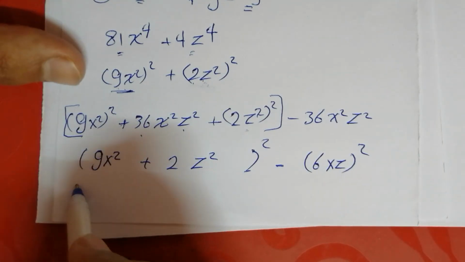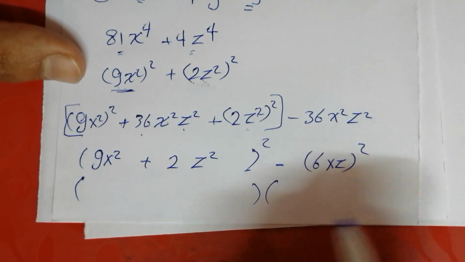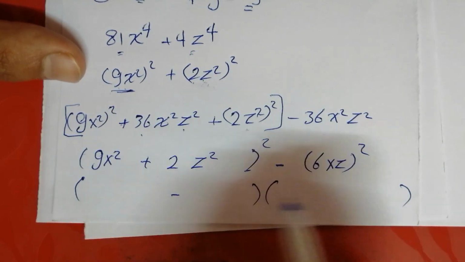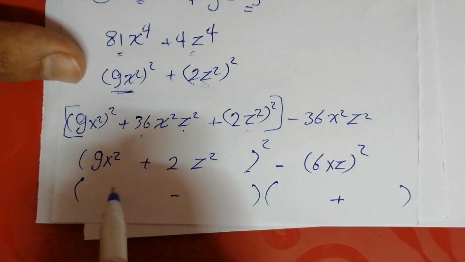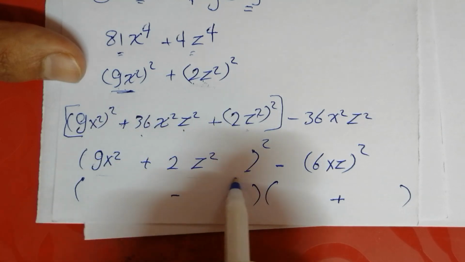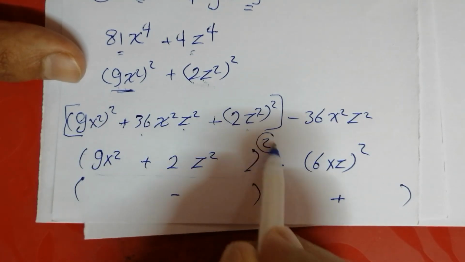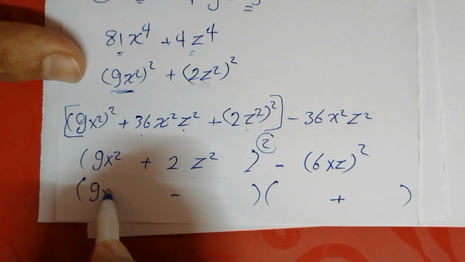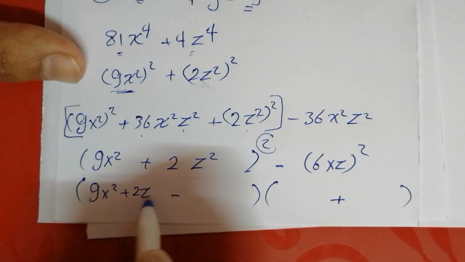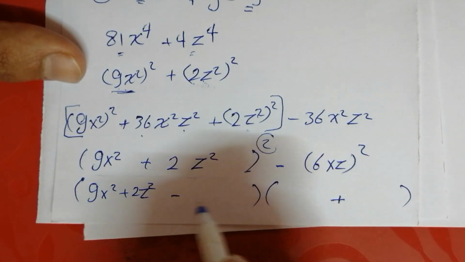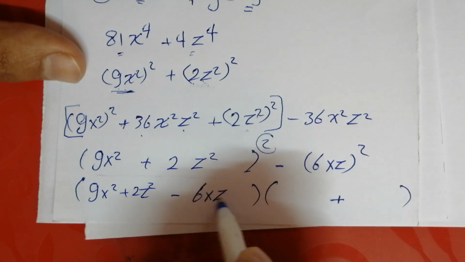And now we're going to factorize the difference between two squares. Yes, I'm hearing someone saying we have two brackets, one of them is minus and the other is plus. What is the first term? The first term is the first factor without squared, which is 9x squared plus 2z squared, and the second term is 6xz.